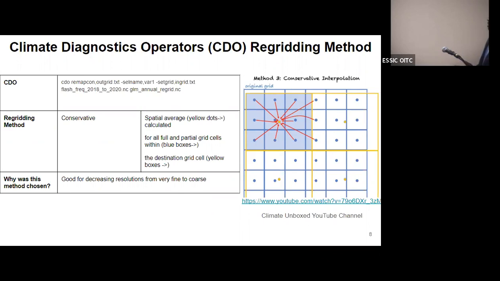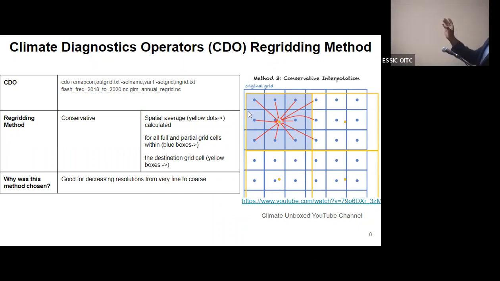So the conservative regridding is taking the full and partial grid cells of the original grid here in blue, and so that would represent the GLM grids that are within the destination grid, which in our case would be the model grid.